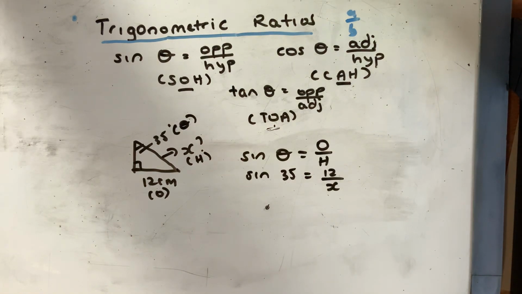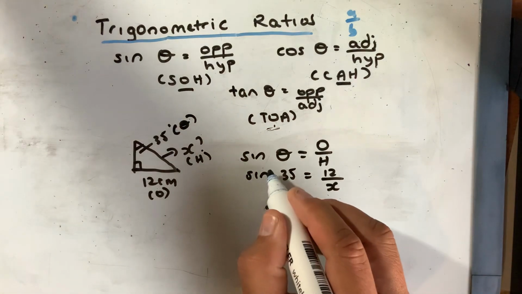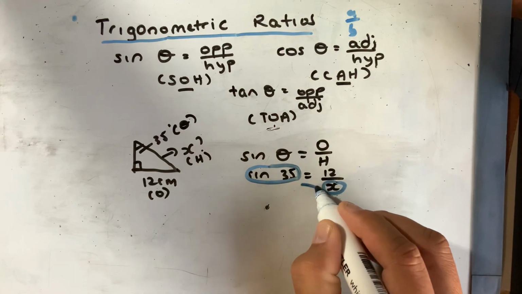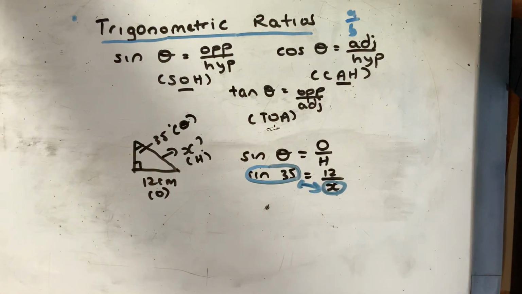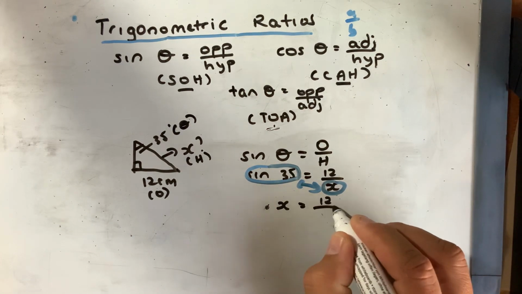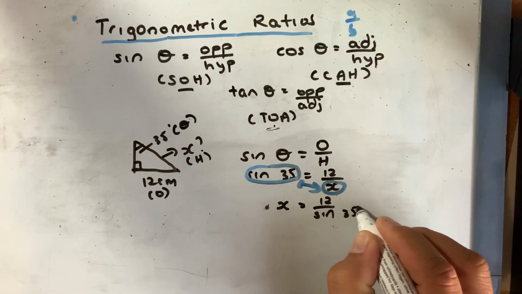Previously, the number was 12 at the bottom, you just multiply by 12. Now we have to do a little bit more work. To do that, the simple way to do it is just to swap this number and that number around. So X goes up and sine 35 goes down. So the answer is going to be X equals 12 divided by sine 35.